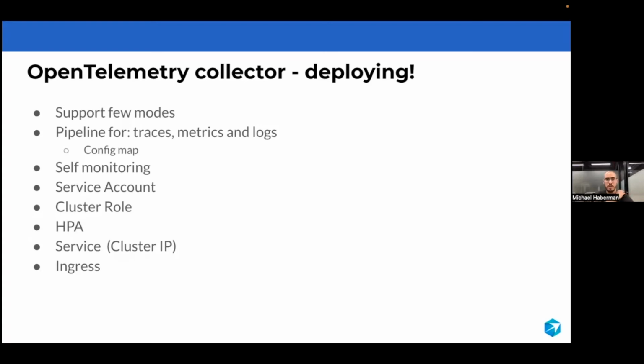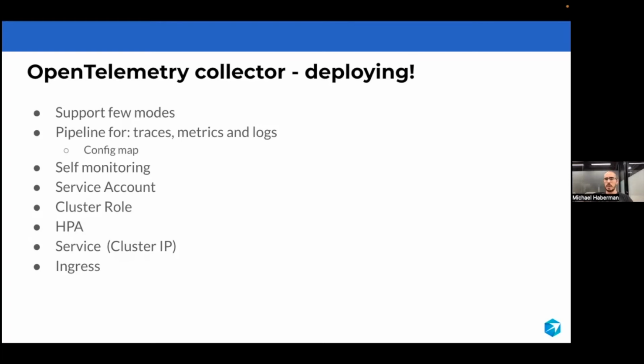Having monitoring on the OpenTelemetry Collector is very important. It's something you can find yourself struggling with, trying to understand what's happening when things are not working. So it's going to produce all the data for you.